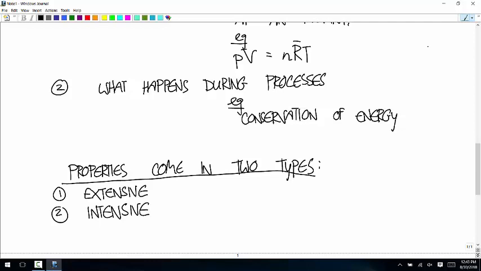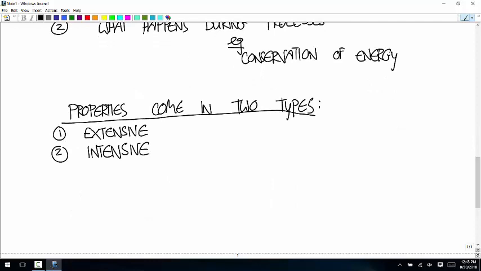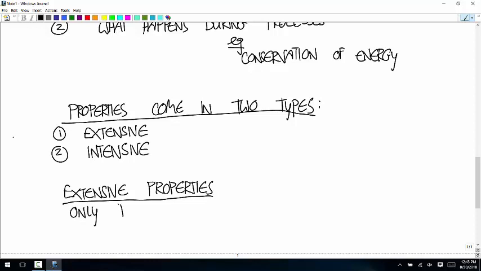Extensive properties are only defined for a chosen amount of material.